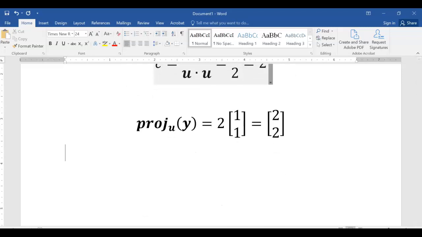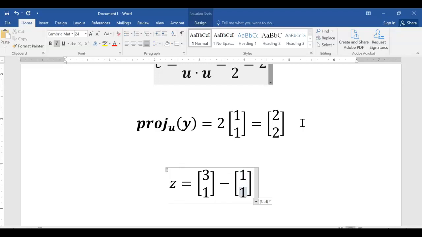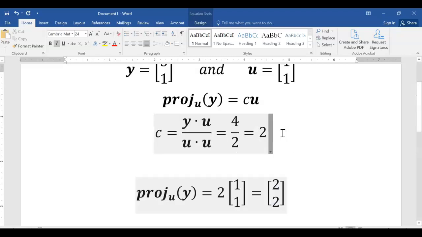The orthogonal component, what we called the z, would have just been basically what's left over.